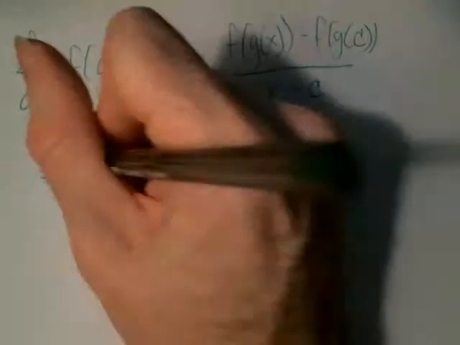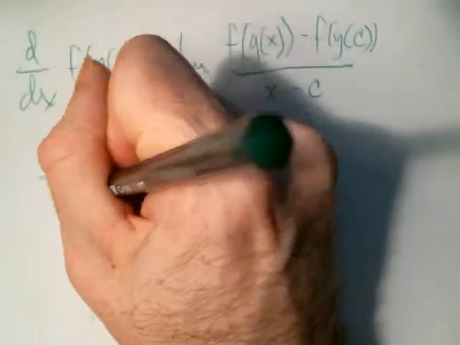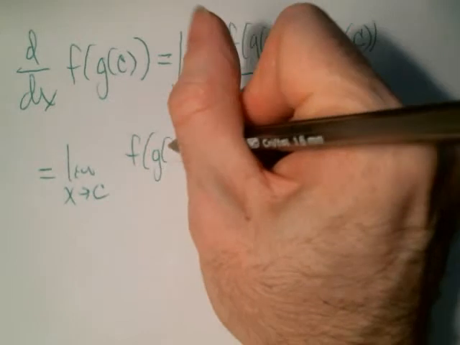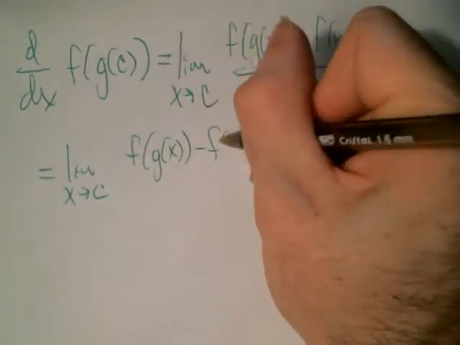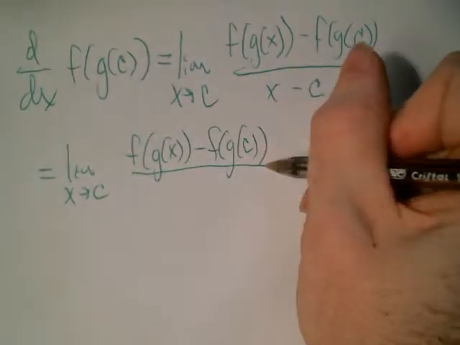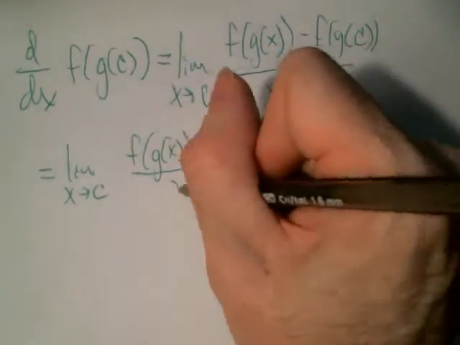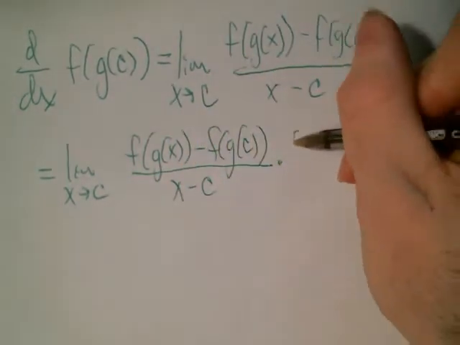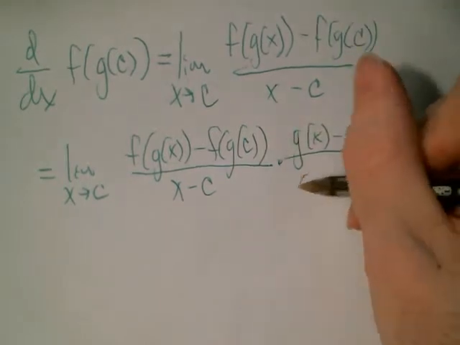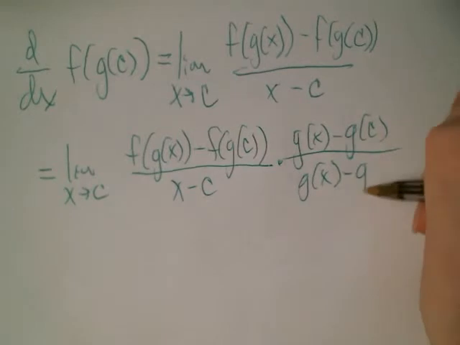Okay. And we'll see we have the limit as x goes to c of f of g of x minus f of g of c all over x minus c times g of x minus g of c all over g of x minus g of c.